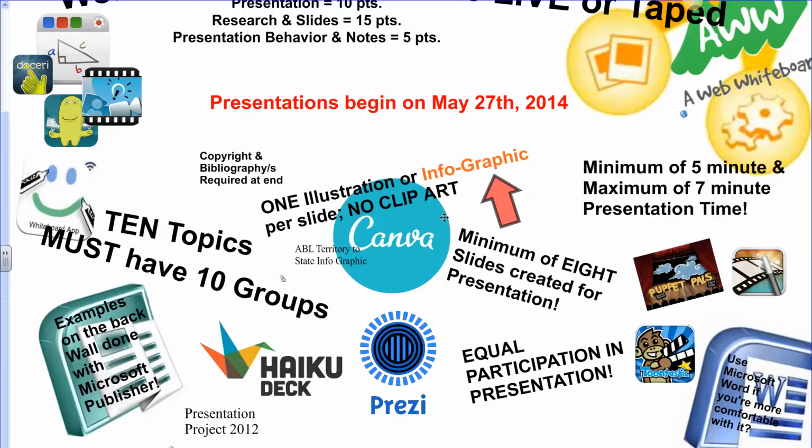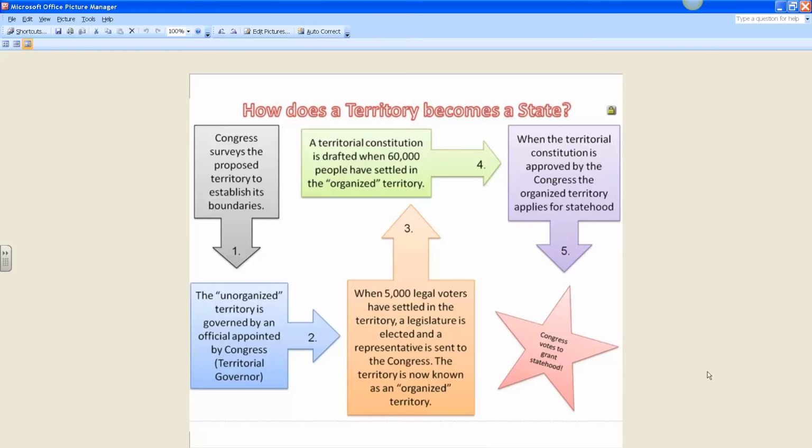Now, in terms of an infographic, here's what I'd like for you to consider. This is an example of an infographic that I created. This explains how a territory becomes a state. You'll notice it contains information vital to the understanding of it, yet it also has some symbols and helpful types of things to get you to understand it.